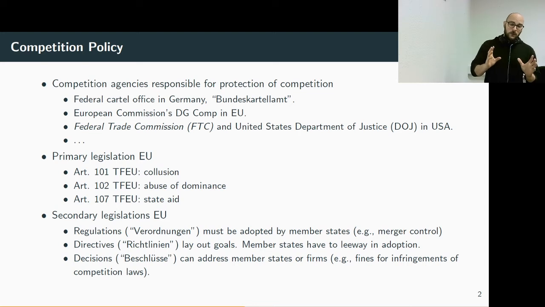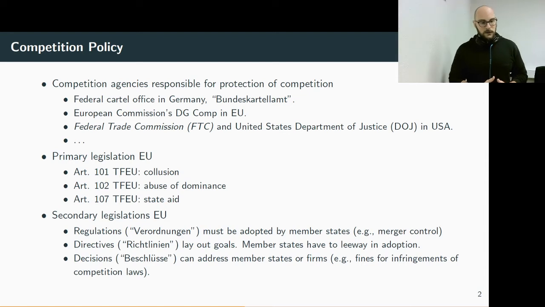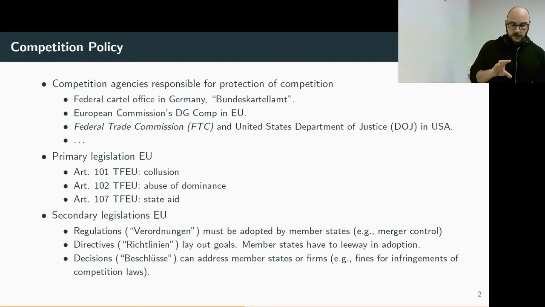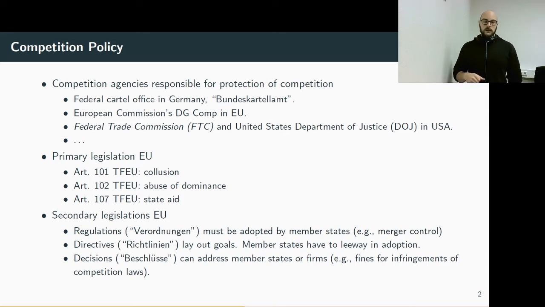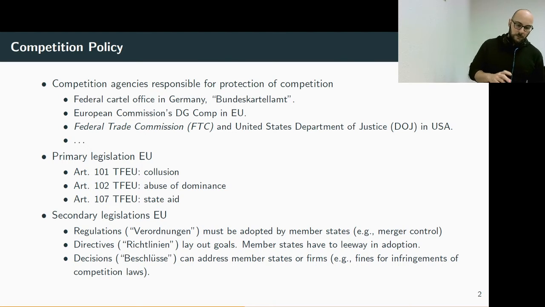Article 101 deals with collusion, so cooperation between firms in the sense that they agree to set a certain market price or allocate market shares, whatever. Article 102 deals with abuse of dominance, and Article 107 is concerned with state aid. Right, so here we have our three or four pillars again, and merger control is dealt with in separate legislation.